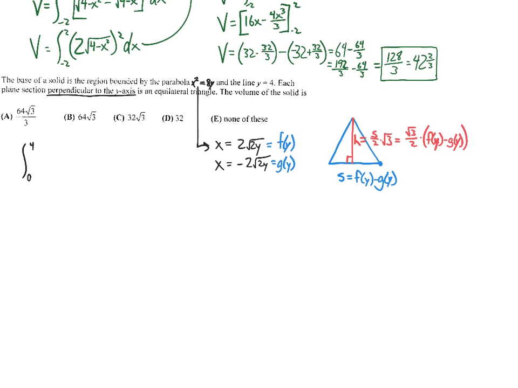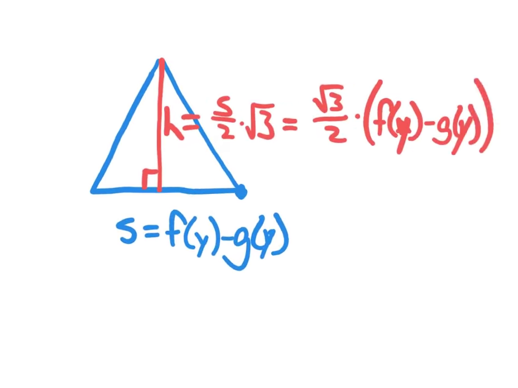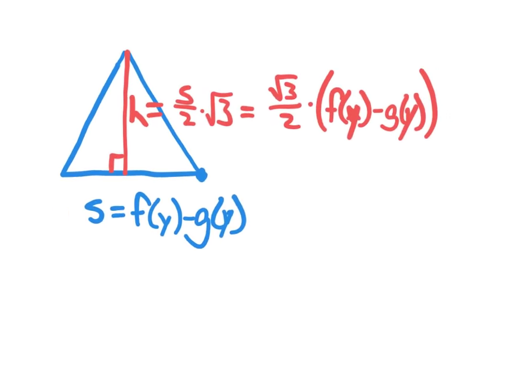Yeah, the side of the equilateral triangle is S, so this is going to be side over 2, side over 2. You've got a 60-degree angle here, and a 30-degree angle here, because the 60 was cut in half.